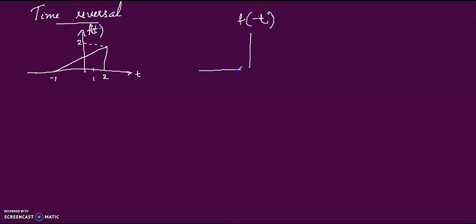The time axis is going to be flipped, so we can represent it like this. Therefore, we will get f of minus t. See, this image has been flipped with respect to the t axis. That is the representation of f of minus t.